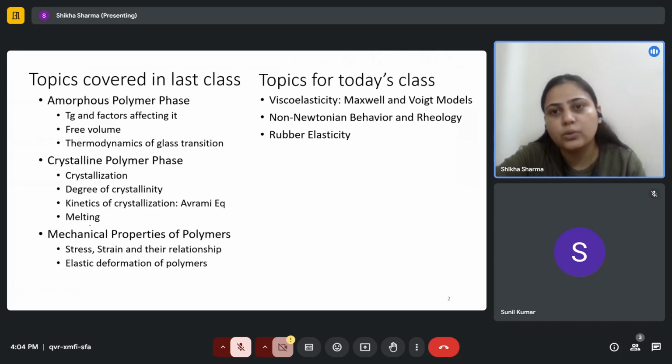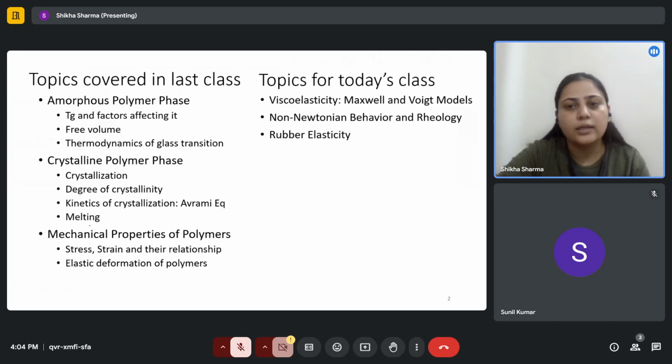It does not show the Newtonian behavior, whereas it shows non-Newtonian behavior. So we will discuss the non-Newtonian behavior and rheology of the polymers, and then we will try to cover rubber elasticity, and in that we will try to understand some of the numerical problems also.